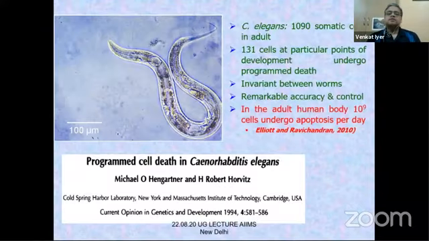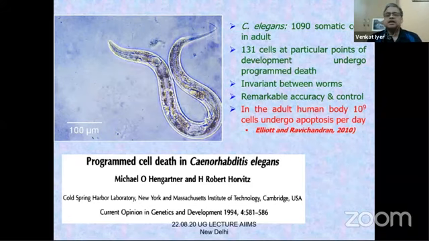The apoptotic process was first elucidated in this organism, the C. elegans, which is a nematode worm, which has precisely 1090 somatic cells. Exactly 131 of these at different points in development undergo programmed cell death. And if you study it from worm to worm, it is completely invariant.